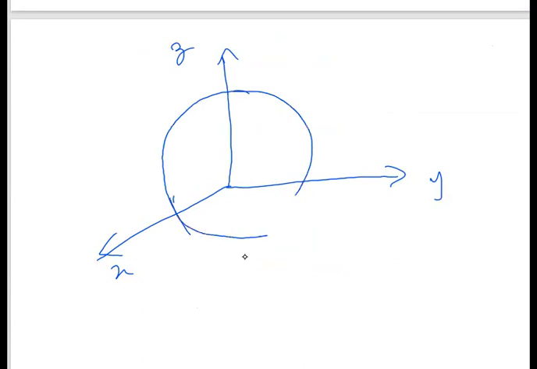So this is a sphere centered at the origin with radius 3. I take a general point on the sphere. The coordinates are x, y, z, right? I write these x, y, z in terms of spherical coordinates.